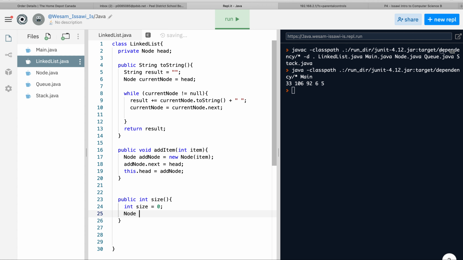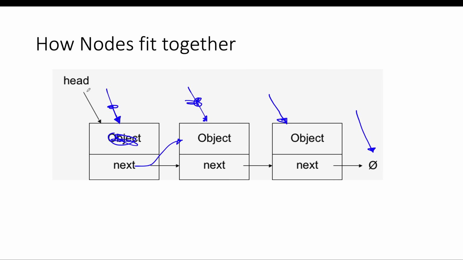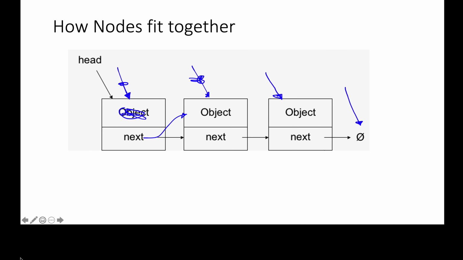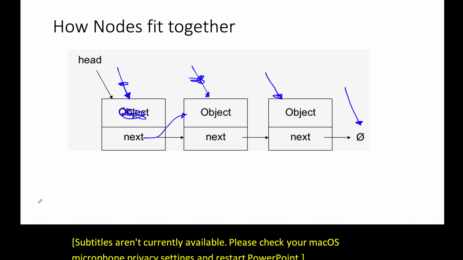We can build a node, call it current node, and start with head. We're going to start with head, and we're just going to keep saying current node equals head, then current node equals current node.next.